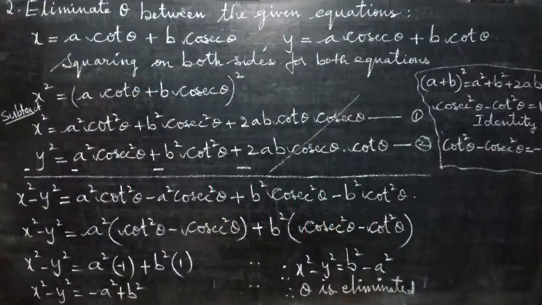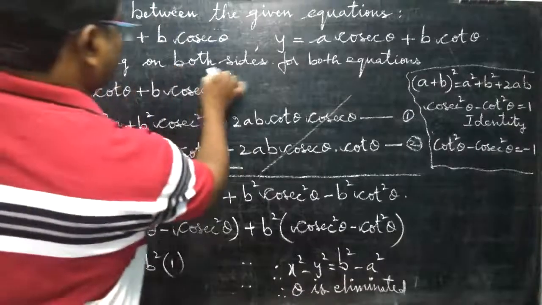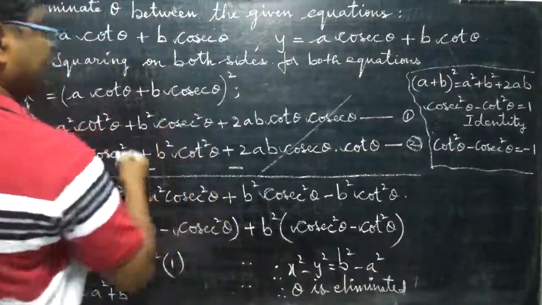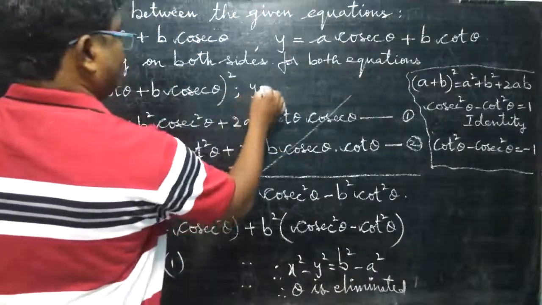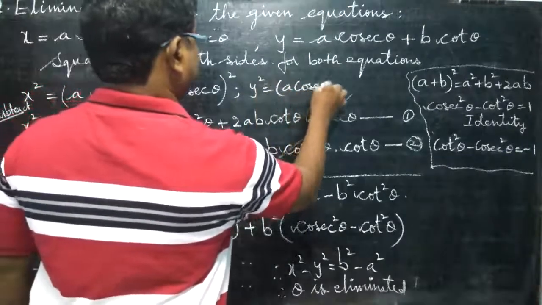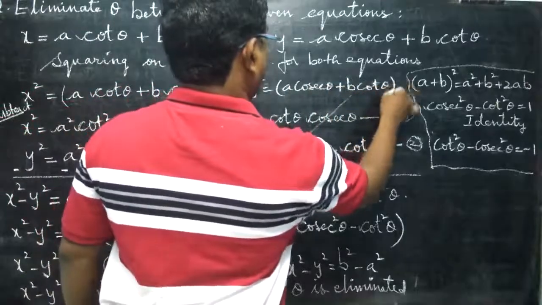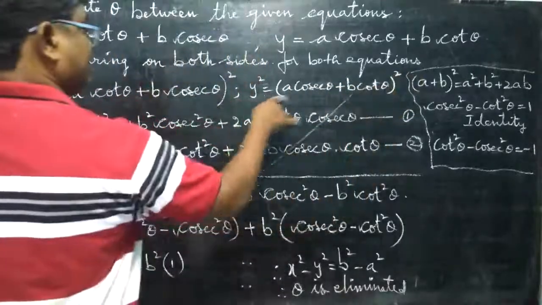What all formulas are useful? Write those formulas. Do all this working clearly. Squaring on both sides, or both equations. Here y square is equal to a cosec theta plus b cot theta whole square. Squaring on both sides.